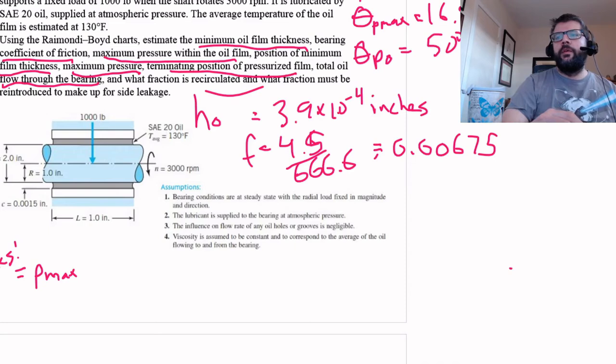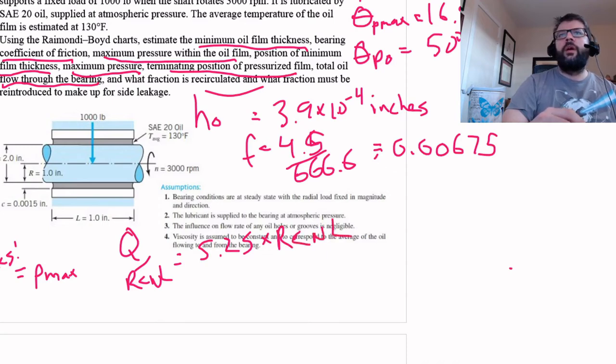So if Q over RCNL is equal to 5.25, then our Q is going to be equal to, moving this stuff over to the other side, 5.25 times RCNL.